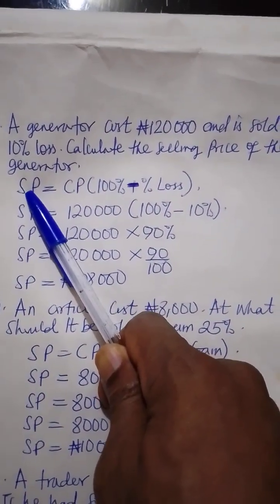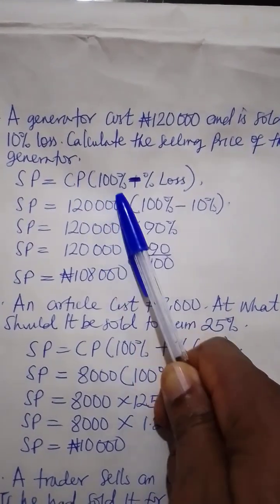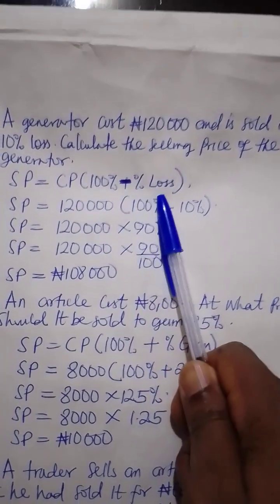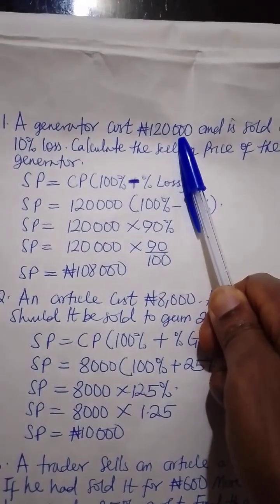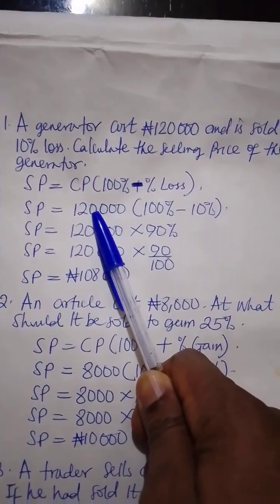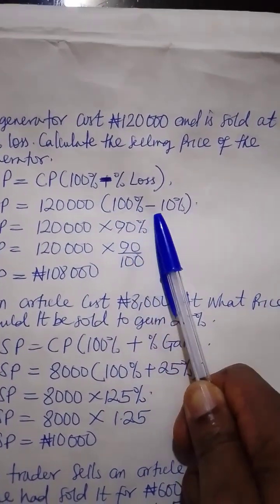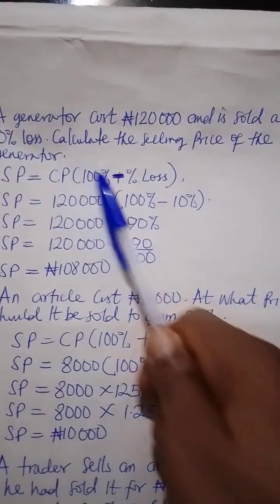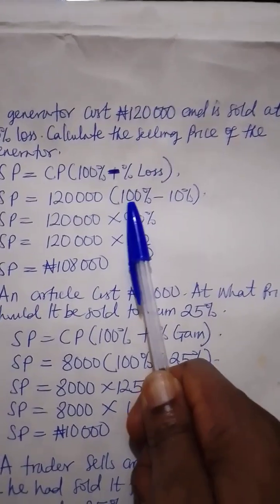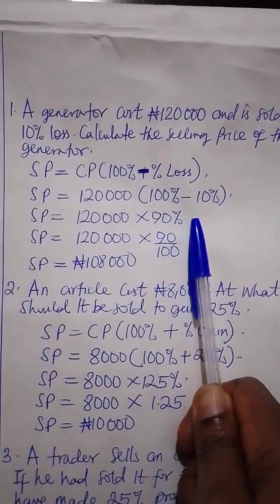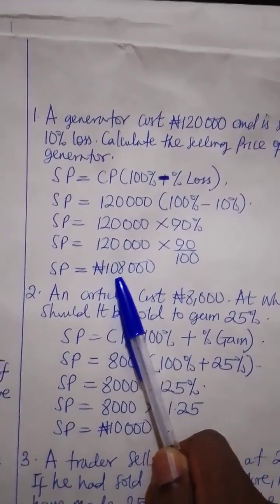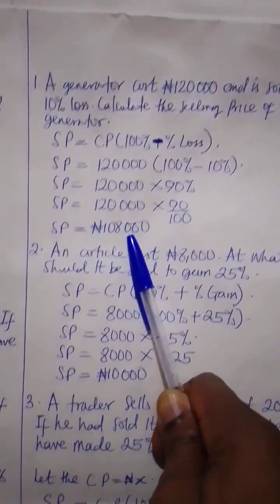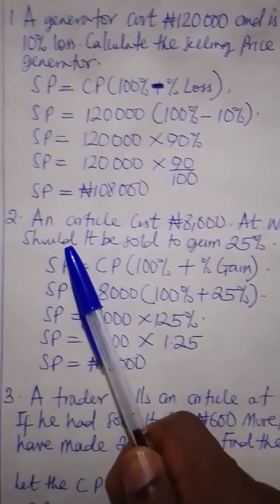Selling price is cost price into 100% minus percentage loss. A generator costs 120,000, so the cost price is 120. 100% minus the percentage loss is 10. If you subtract, you're going to get 90%. So 90% of 120 is 108,000.